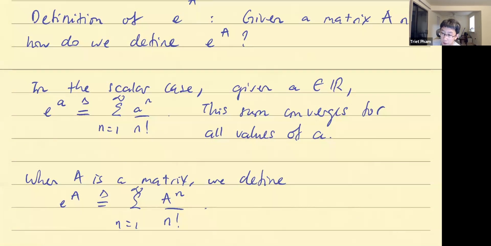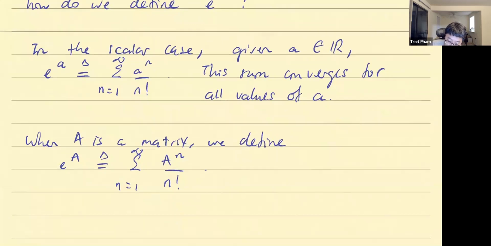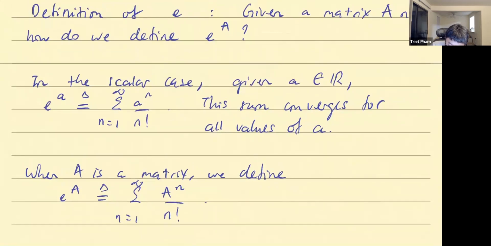So it's important for you to first of all try to see what's going on in this formula. A as an n by n matrix, then A raised to n power. Let me change it to another power because I use n as a dimension. Let me do k.